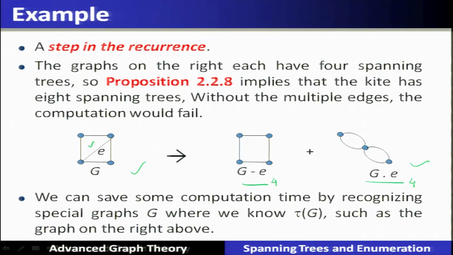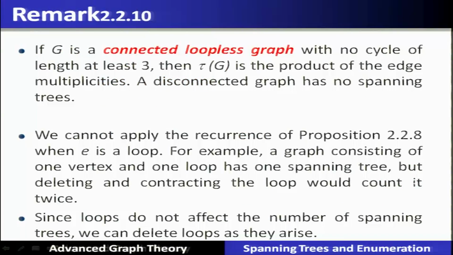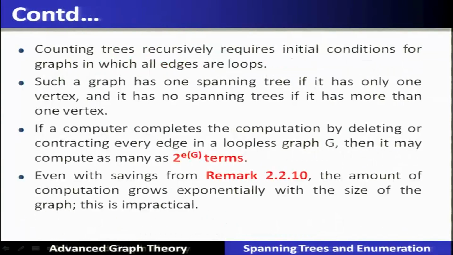Again 4. 4 plus 4 will become 8. Here the loop is not going to affect the number of spanning trees. If we delete the loop before we start, the spanning tree count will still be correct. That is why we always consider a connected loopless graph for computing the recurrence equation.